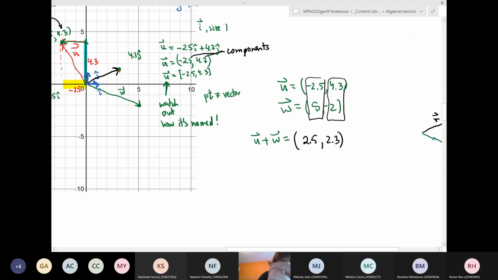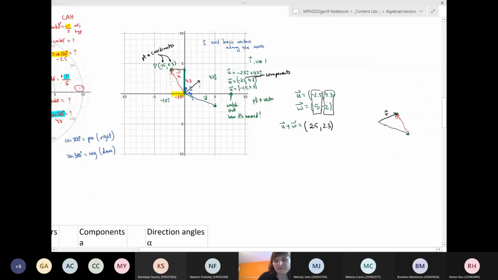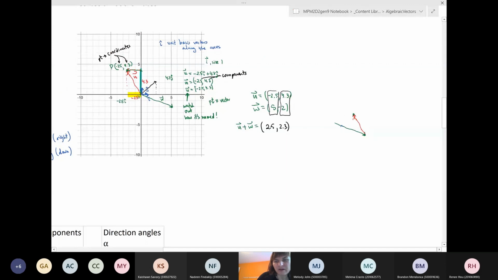So it's supposed to be 2.5 and then 2.3. It's supposed to be more like this. Okay, let me just grab that to see if it is just the way I drew it. It's supposed to be right on, and I apologize that it's not.